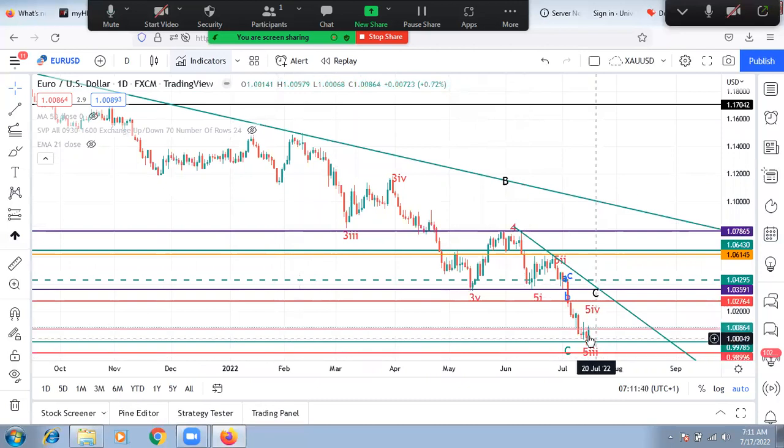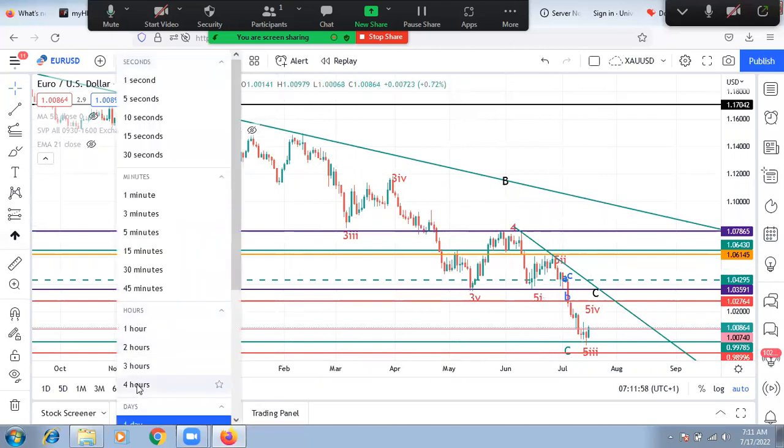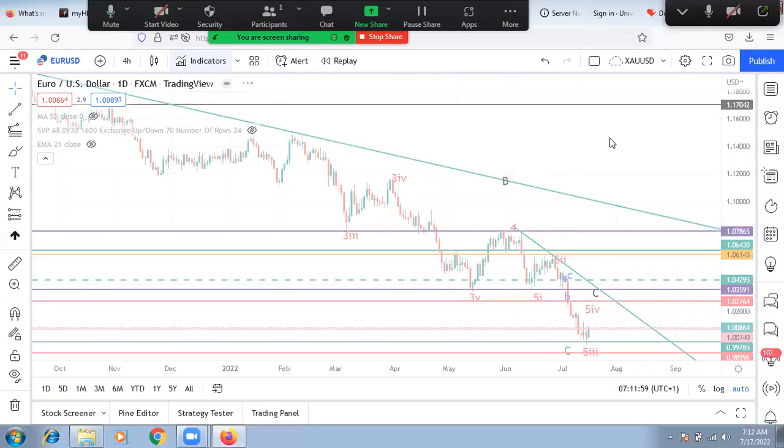But let's see what is going to happen here. The structure will tell us what to expect. So there is a beginning of a new rally and the time is at 5-1 and 5-2 here. So let's go inside for our structure.